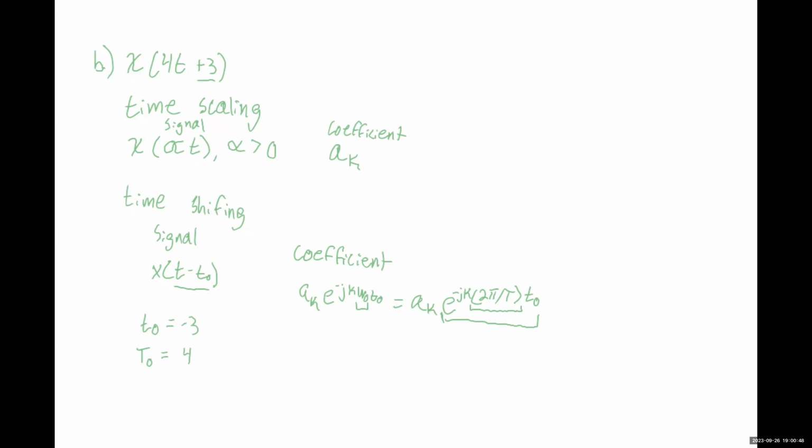So we can determine that A prime of K is going to be equal to a_k e to the minus jk times 2 pi over 4, which we're going to simplify down to pi over 2, times our T naught value, which in this case is going to be -3.